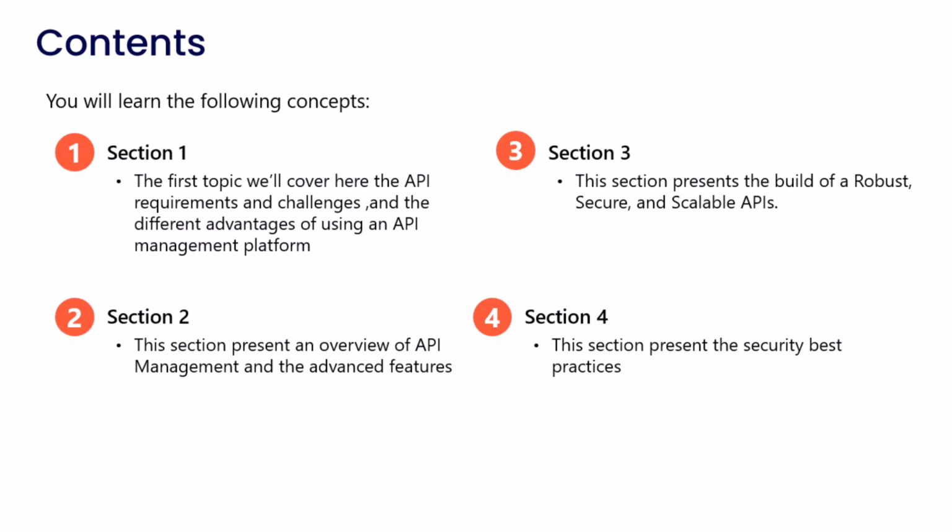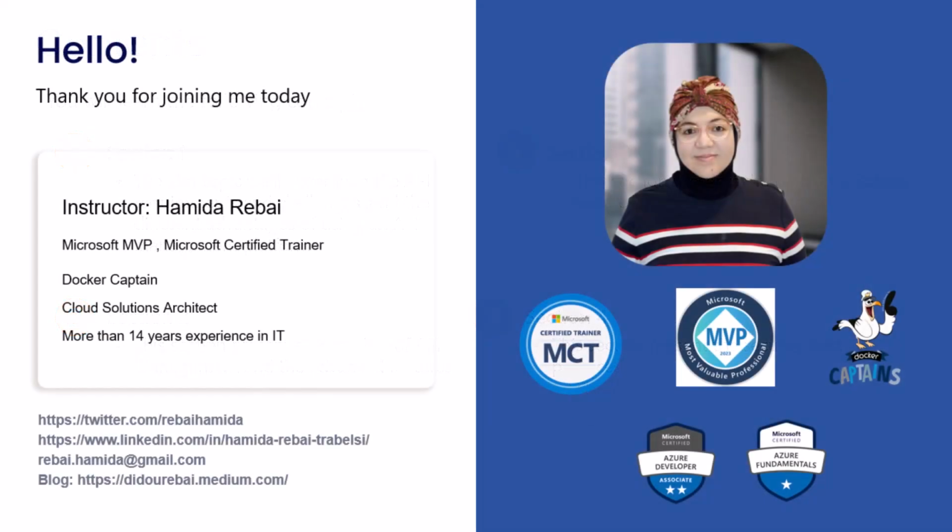We talked about data plane, control plane, the difference between them, and how they interact with each other. We talked about how to create APIs, to build robust, secure, scalable APIs, and in the end we talked more generically about best practices in security, and how we can do that inside Azure API Management by subscription and using certificates.